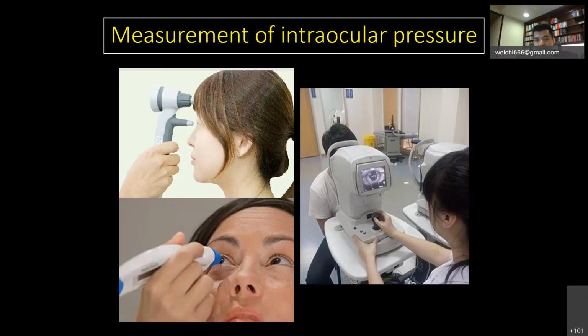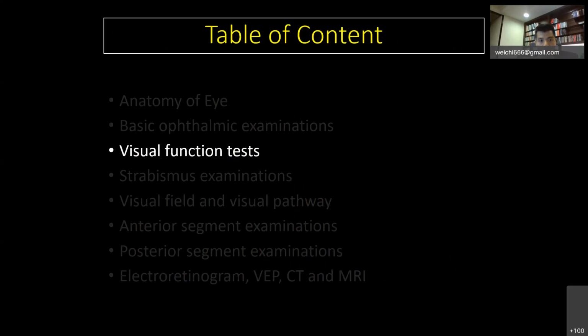If the patient is lying on the bed, he has difficulty sitting on a chair and putting his chin on the chin rest. So you need to have handheld devices to measure patients' visual acuity. So you need to have different devices for different patients. Okay. Then we have other vision function tests.